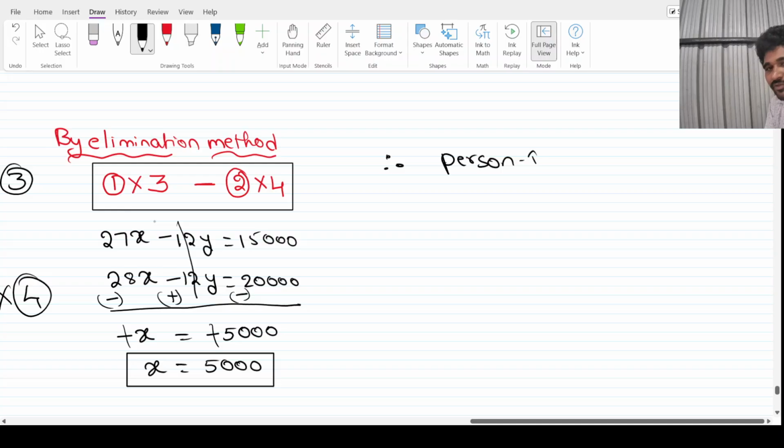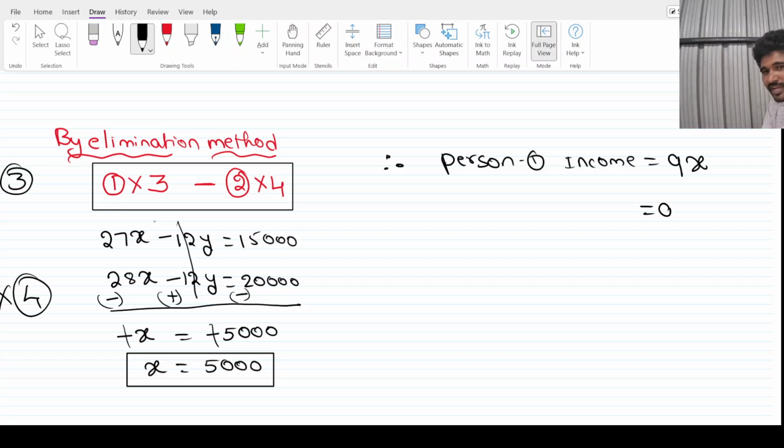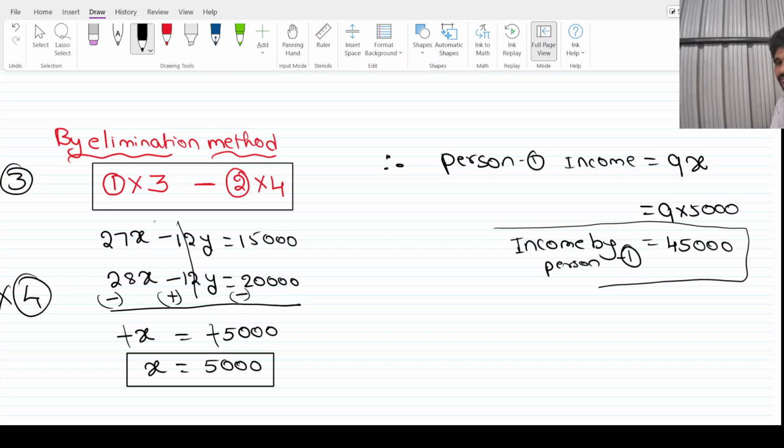So, therefore, person 1 income is equal to 9x. 9 into 5,000, how much? 45,000. Income of person 1. Is that clear?